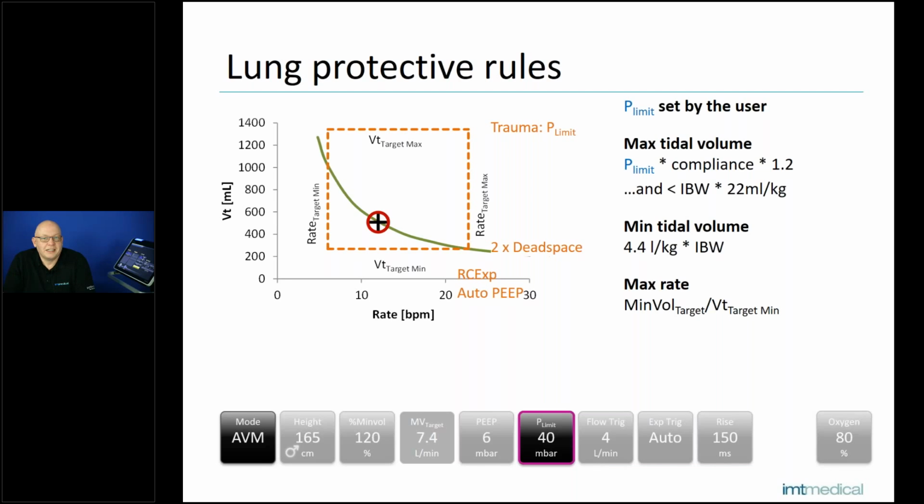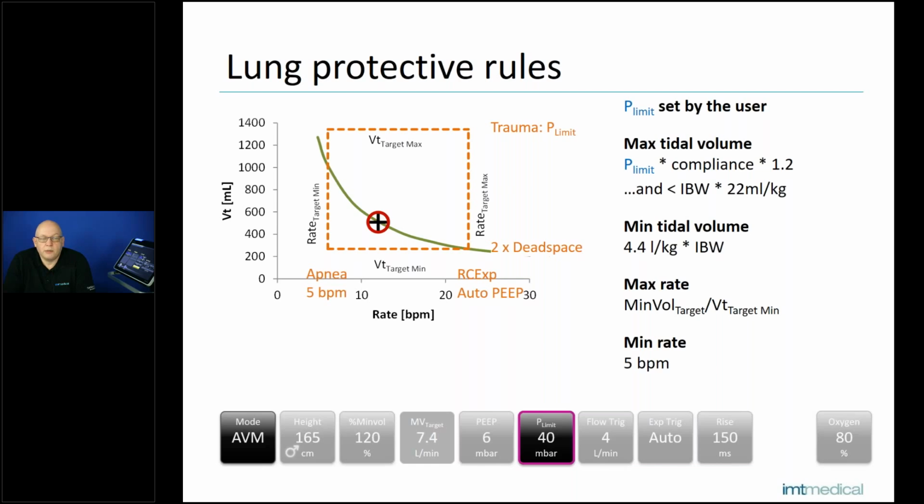When I have more or longer time to exhale, the maximum frequency will be lower, because when I'm an obstructive patient, this means the patient can't breathe 60 times a minute, otherwise he would develop auto PEEP, and this will be prevented by AVM.